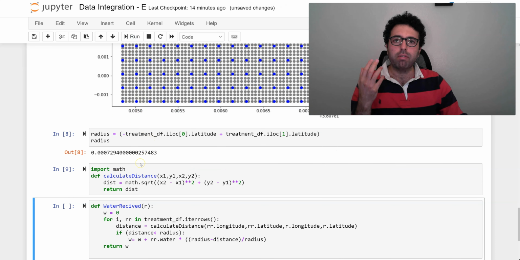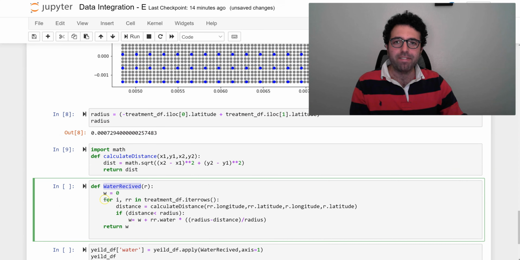Now we want to put that assumption into practice and integrate these data. The way we are going to go about this, we are going to create a function that we apply to the treatment data. On each of the rows of the data, we are going to see if that treatment point was in the radius of each of these water stations.